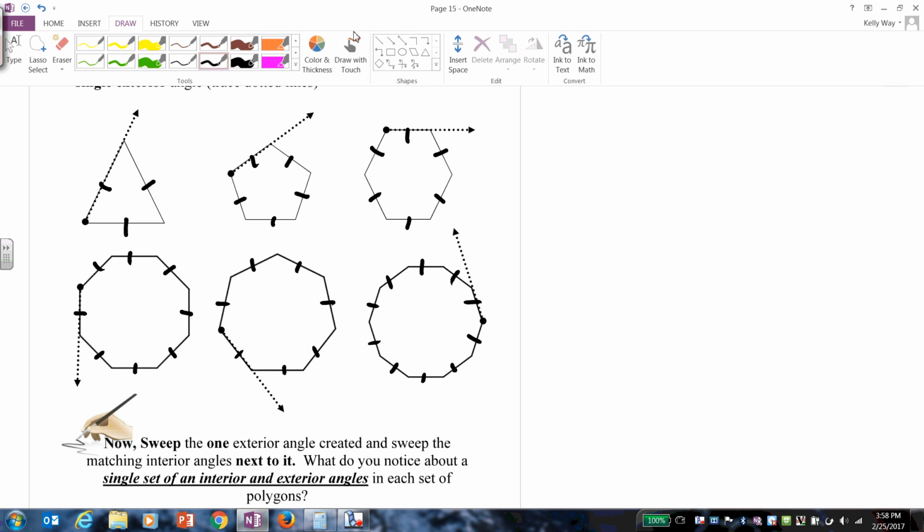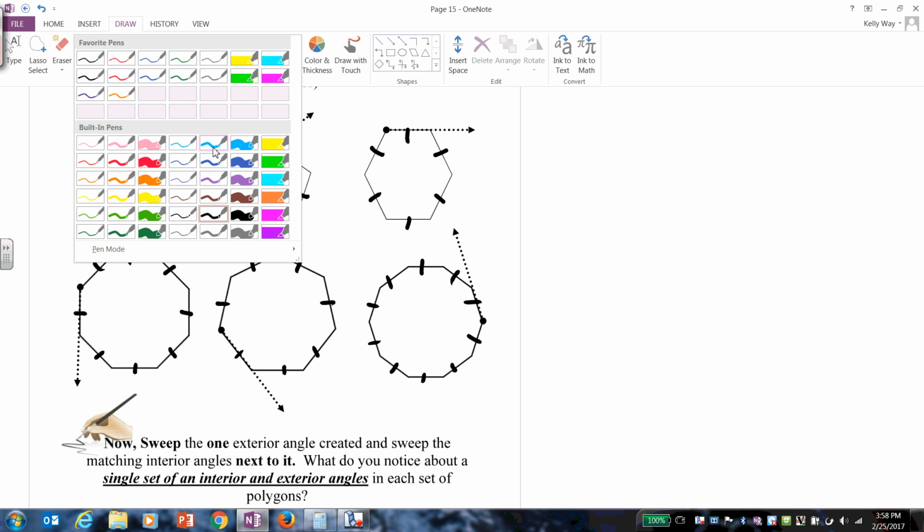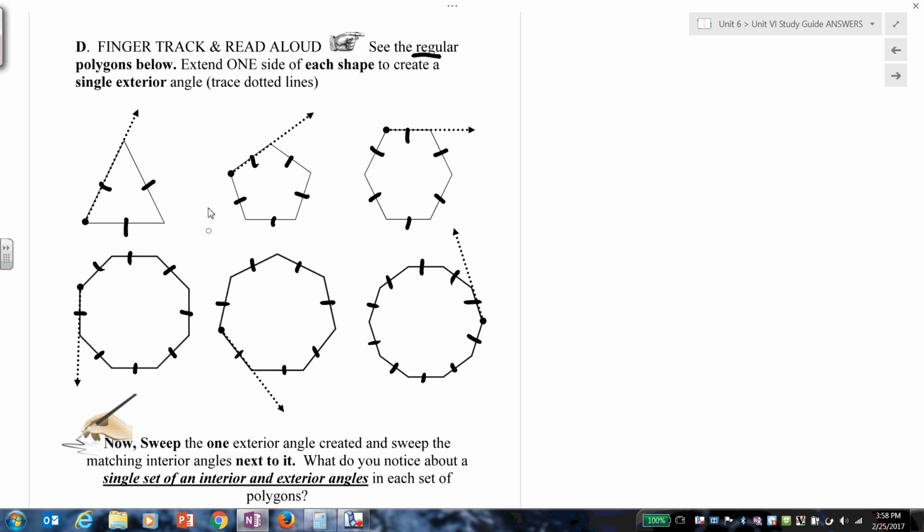We're going to extend one side, and we're creating an exterior angle. So extending one side to create an exterior angle.